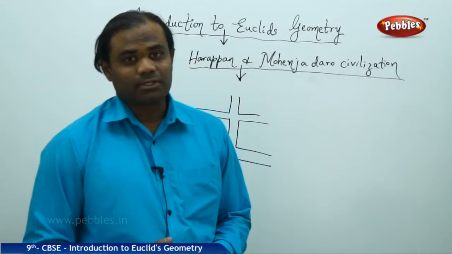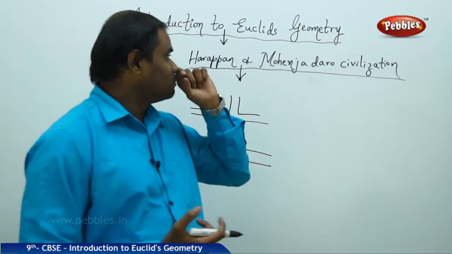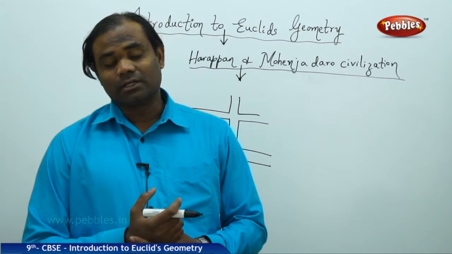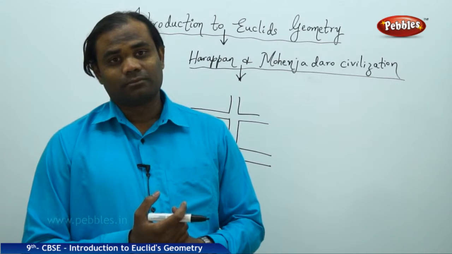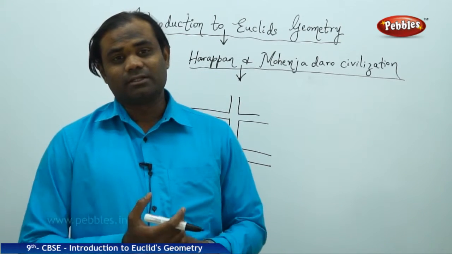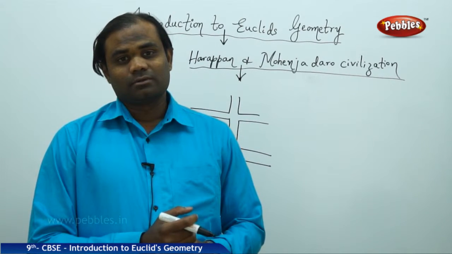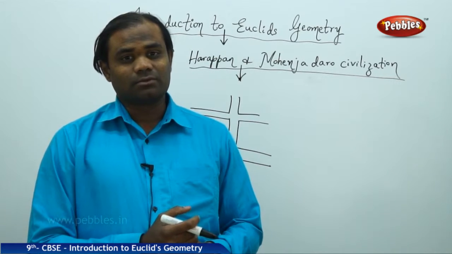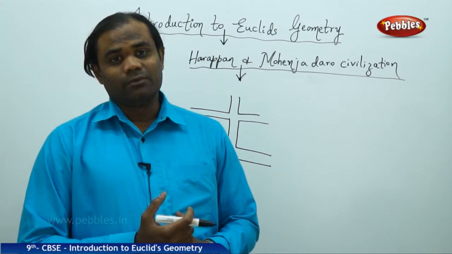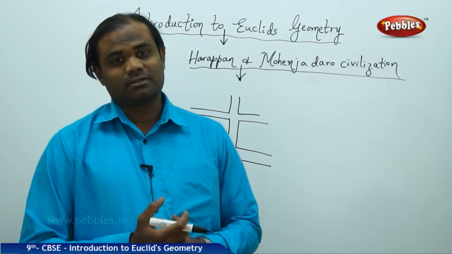Even the drainage system: the Harappan and Mohenjo-daro civilization is assumed to have had an underground drainage system, which did not exist in any other places during those times. The underground drainage system was a startling discovery from historical facts.